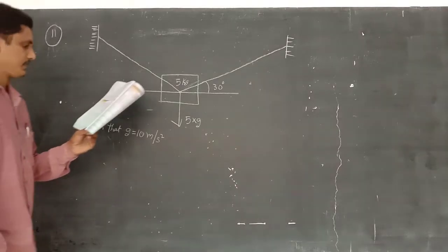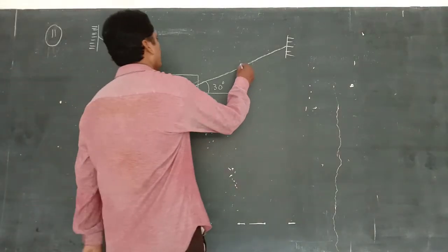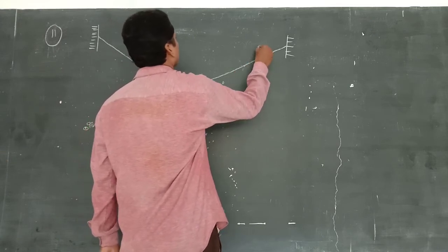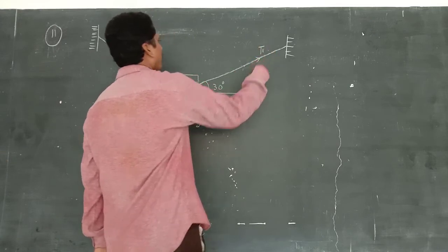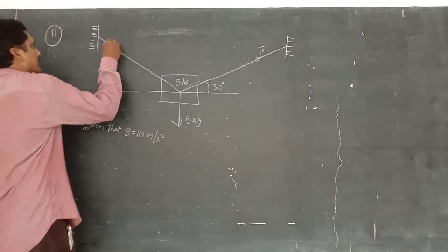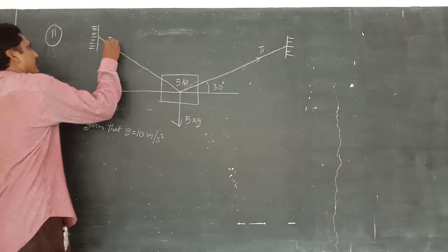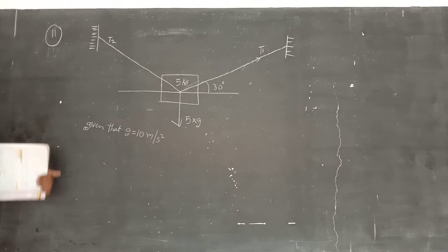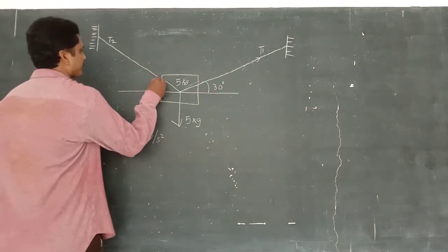we find the tension in the strings. This is the tension T1, and here is tension T2. We find T1 and T2. This is the 60 degrees.